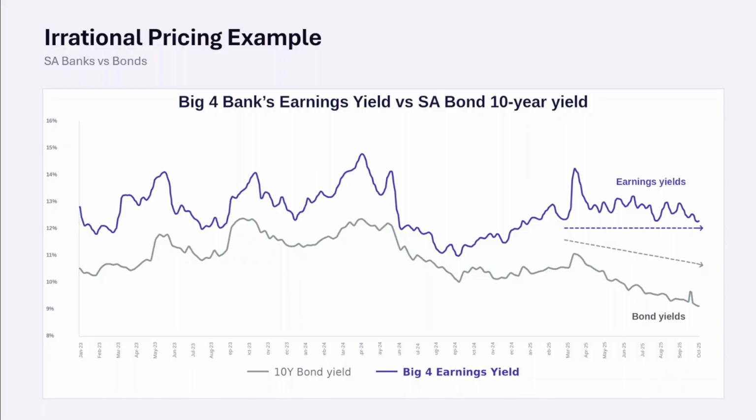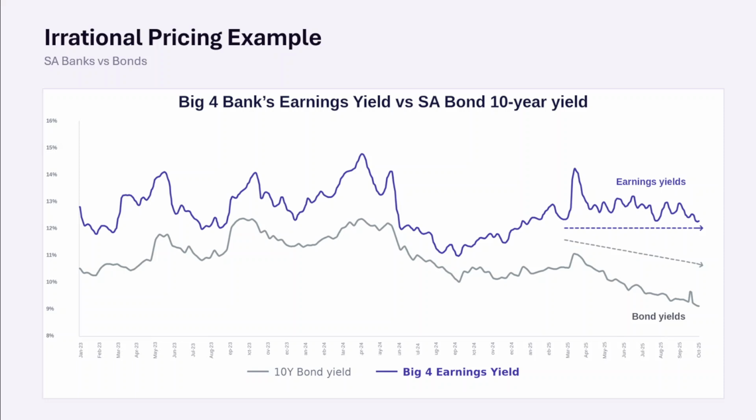Yeah, so as I said, I manage it proactively, meaning taking advantage of irrational pricing in the market. There's times in the market where asset classes are out of sync, and I've got one or two examples. One example here is SA banks versus SA bonds.